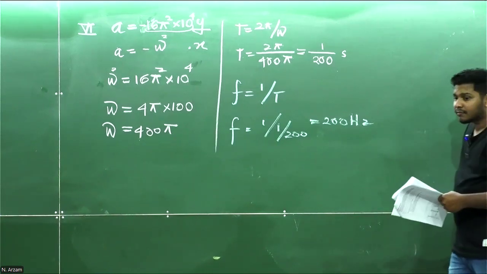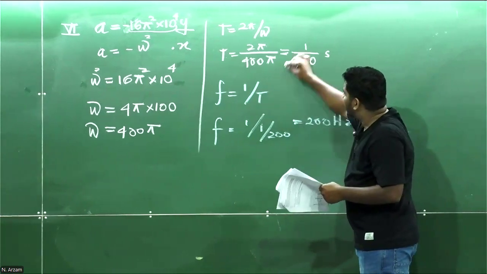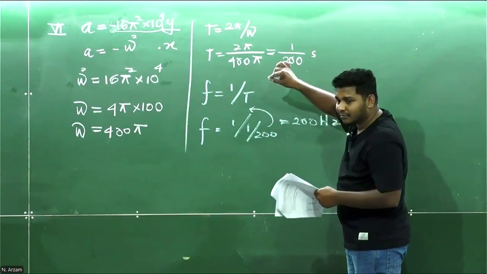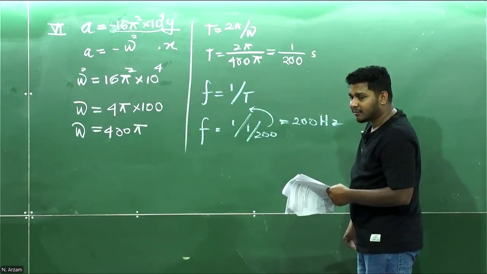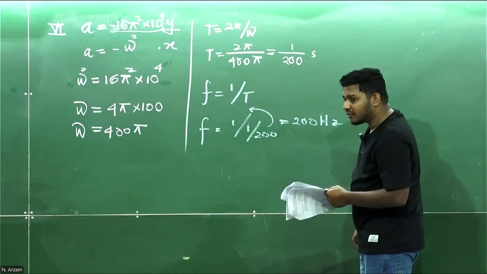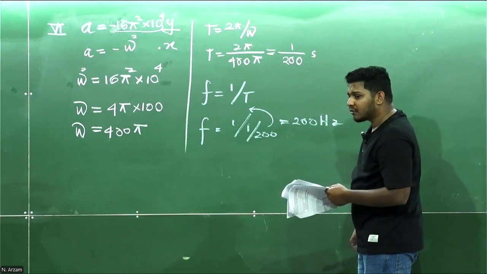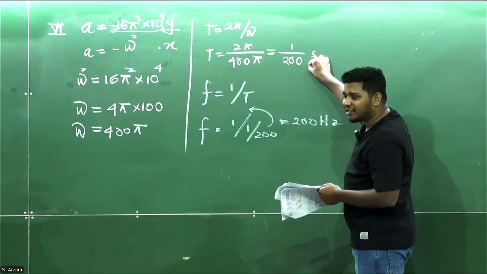1 divided by 1 over 200. For this question, if you need, you can simplify this one, but you don't need to.